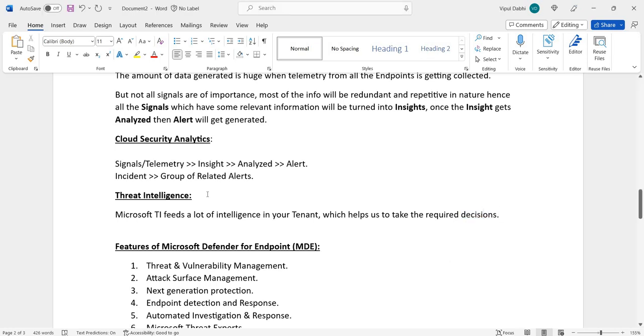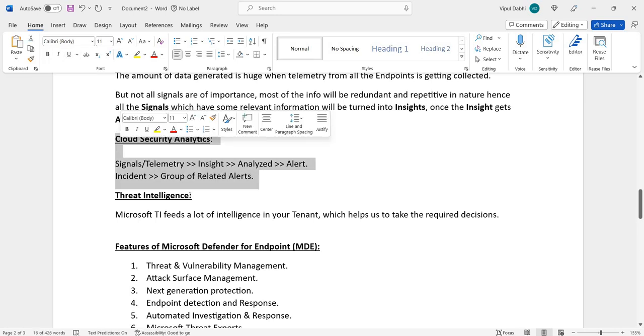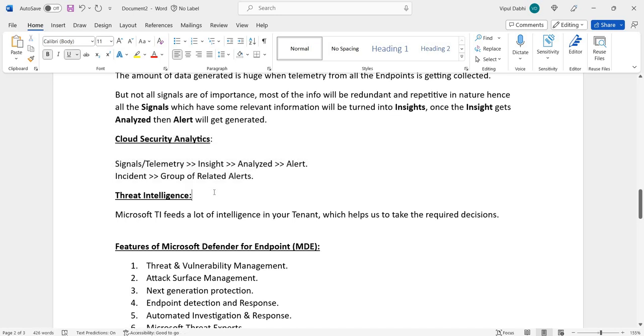Now, threat intelligence is very important. We do our analysis based on the signals and all those things, but it is one-sided. Threat intelligence is also referred to as TI feeds. These are third-party scoring mechanisms that we try to integrate with our cloud security analytics to take better decisions, because this comes from the external world.